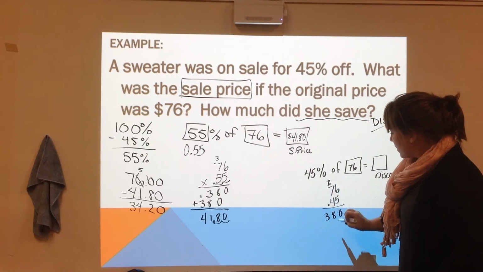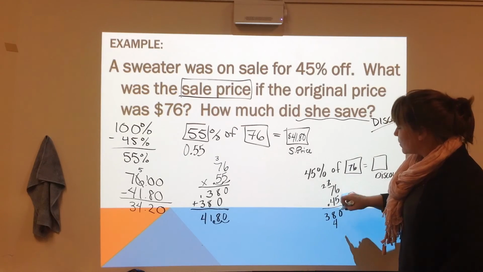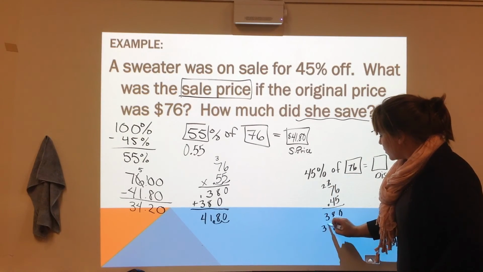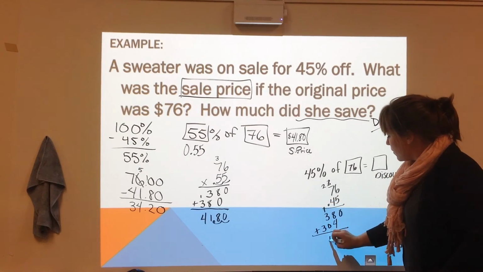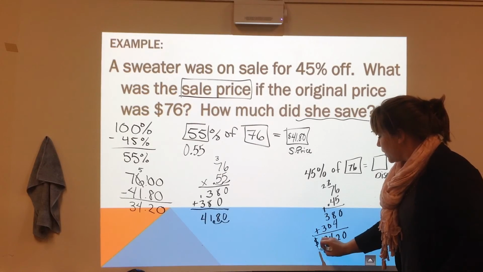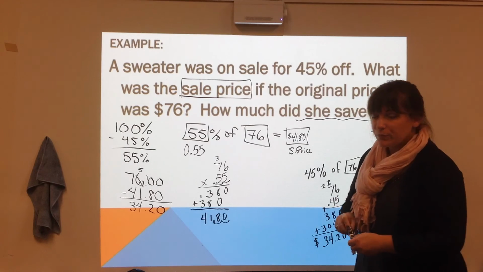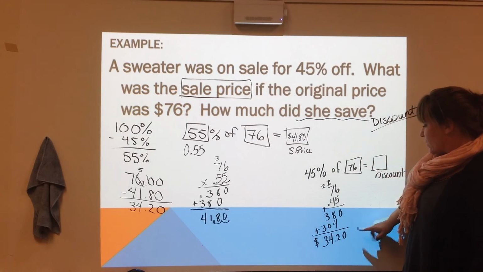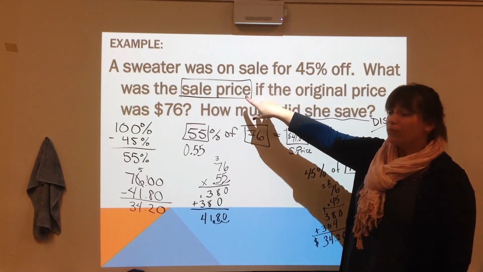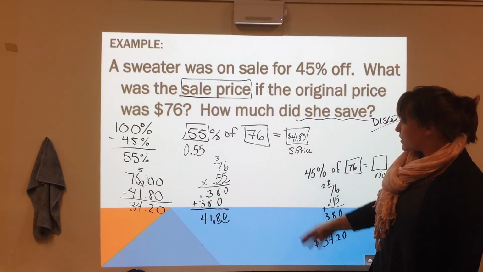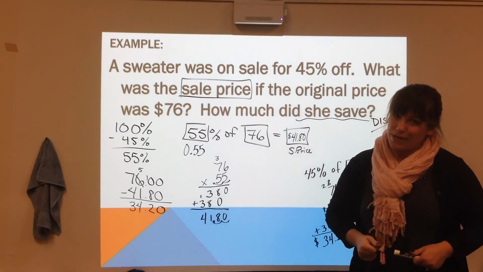Funny enough, when you multiply 76 by 45 hundredths, you're going to get the same answer, 35, 38, and then now this is going to be gone, 24, 7 times 4, 28, plus 2 is 30, and we get 12 and 34.20. Look at that. So you could have done the skeleton, or you could have just subtracted. If you chose to do the skeleton first and found this discount first, you then could have found the sale price by subtracting 76 minus 34.20 and got 41.80.